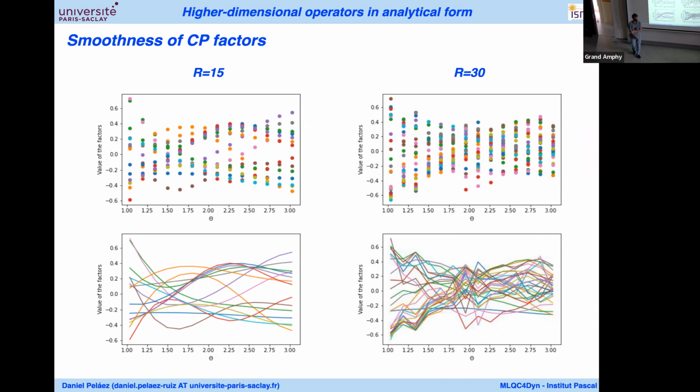I have another question. You say that you are going to study electrons now? We already did some work on electrons, yes. Of course, potential shapes are quite smooth, and with electrons they may not be. Yes, it's true.